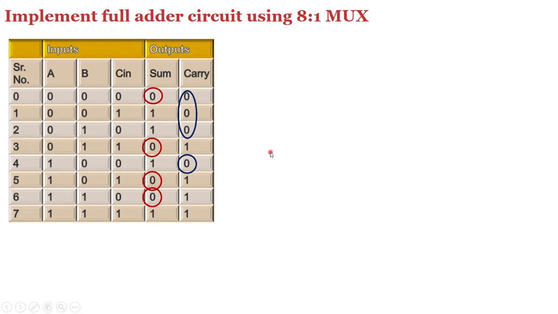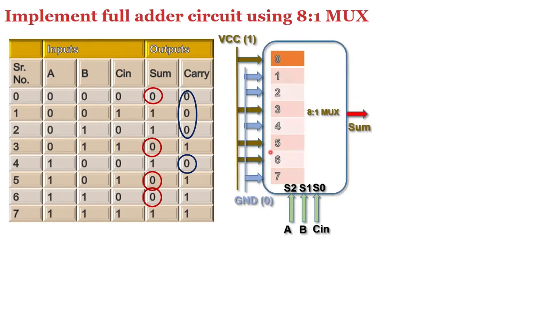So here we are going to use the multiplexer in a negative logic system. What you do here, with the 8:1 mux, for the output sum, the min terms which are marked 0, the data lines 0, 3, 5, and 6 are tied to logic 1, that is VCC.